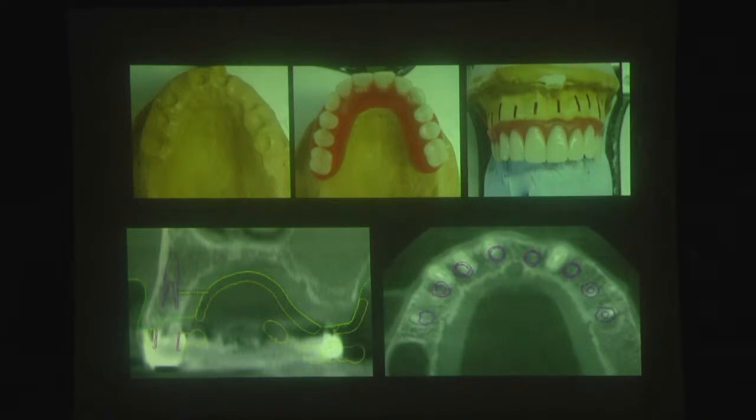We remove the teeth from the stone model as if we had extracted in the clinic. Okay? But we have to be very gentle. We have to be very precise. Yes, it may not be a definitely precise operation, but we have to think before we perform.